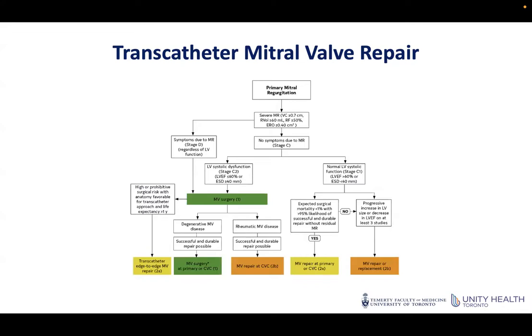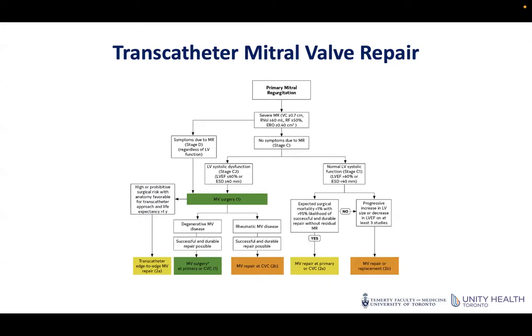And obviously, I think this introduction was important because we know that when we are discussing transcatheter mitral repair, we can discuss, for example, the recent ACC and AHA guidelines. Obviously, the indication for patients with primary or secondary mitral regurgitation.